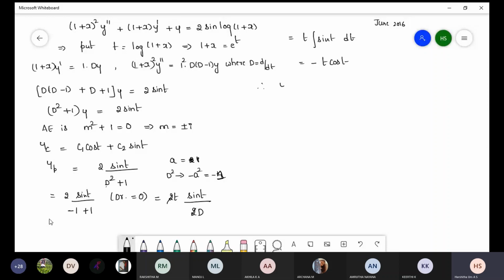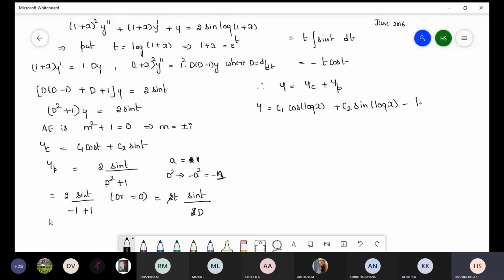Therefore, y is equal to yc plus yp. So we can write it as c1 cos of log x plus c2 sin of log x minus t cos t.